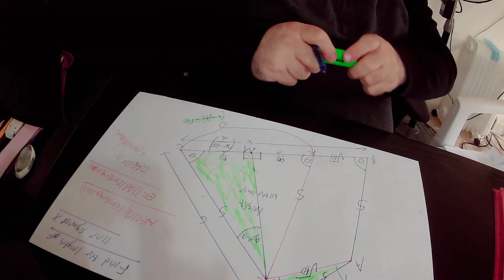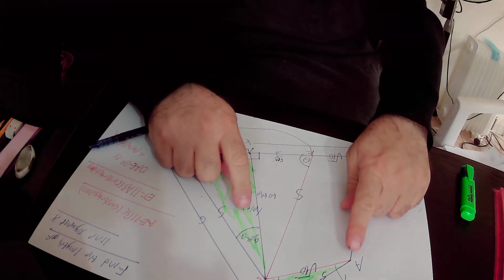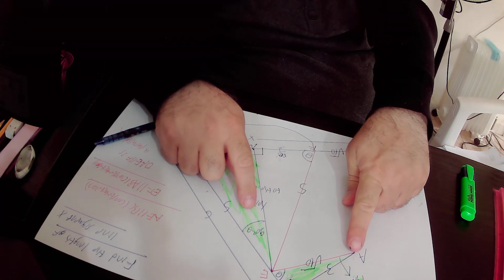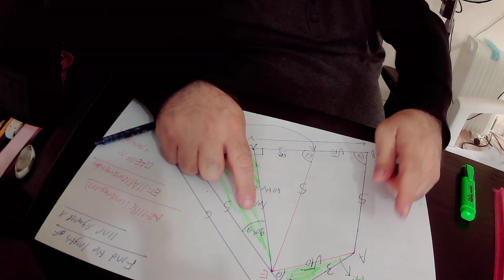So actually, those two angles are both equal to 90 degrees minus theta, therefore they are equal to each other.